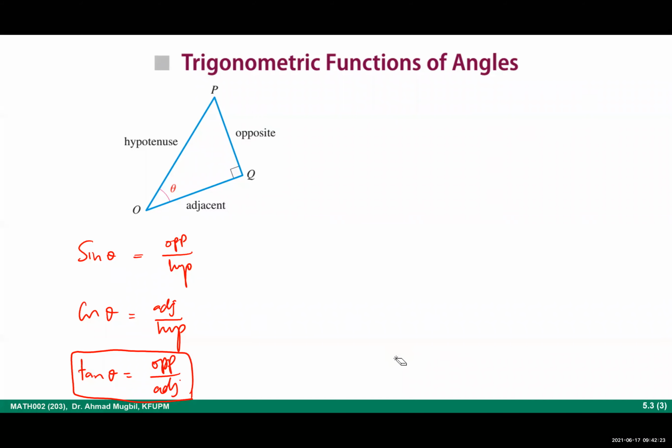Now, what is the problem? Why do we need to study more? Let me ask you something. Let me ask Ahmad Al-Attar, as he is here today. Ahmad, what is the sine of 30 degrees?